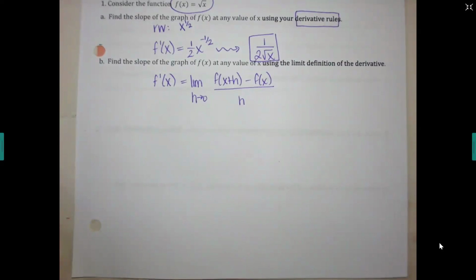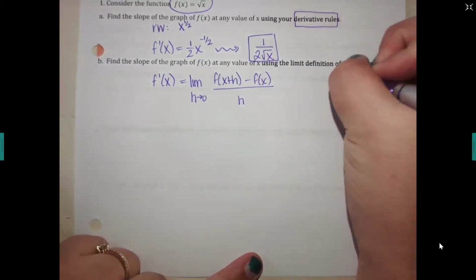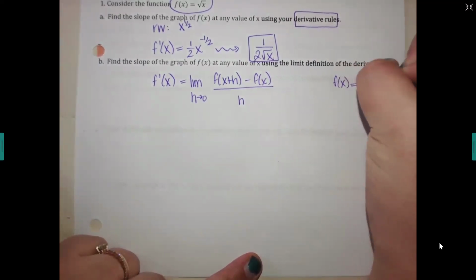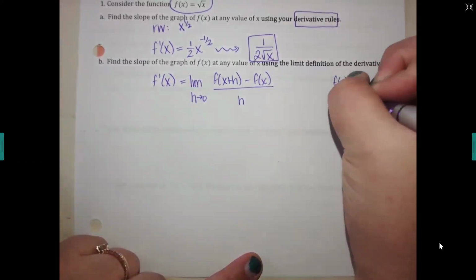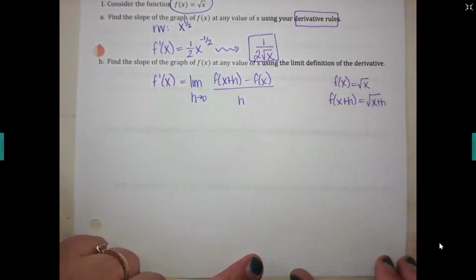Okay, first question, what am I going to put in the f of x spot? What is f of x equal to? Very good. So f of x is the square root of x. Then f of x plus h would just be the square root of the x with a plus h with it.